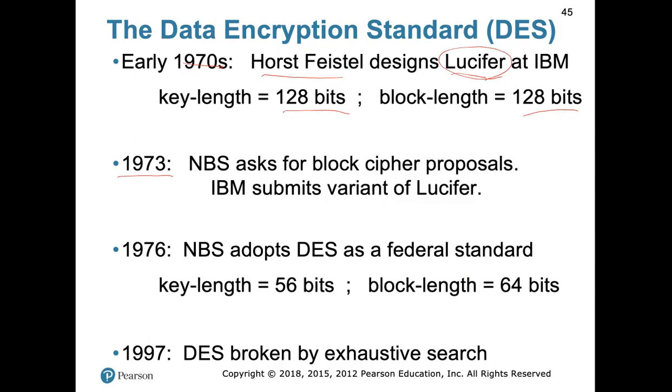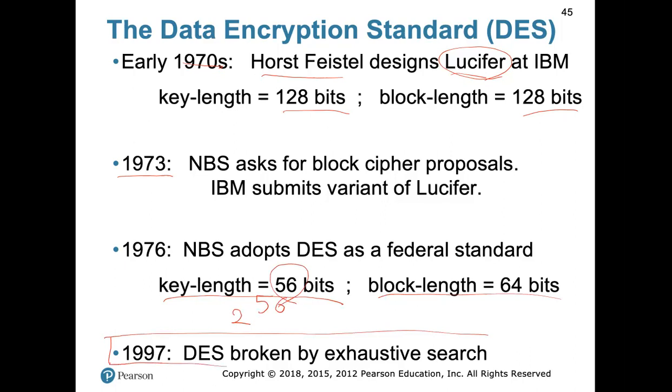They kind of used it. And of course, after applying some changes, the key length was changed to 56 bits and the block size to 64. We'll see the details. And eventually, this is the interesting part. Having a 56-bit key gives me a key space of 2 to the power of 56, which is a pretty big number.